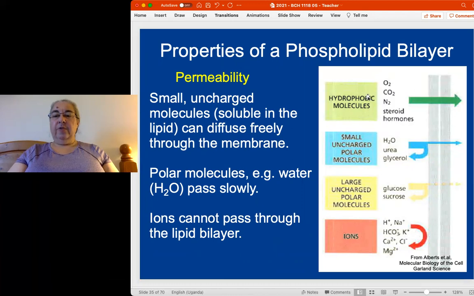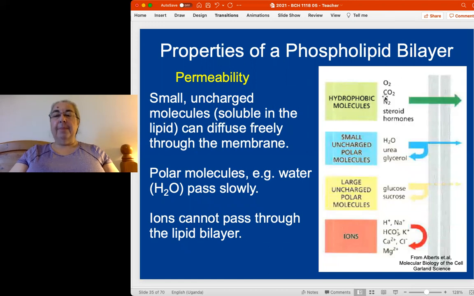So hydrophobic molecules, molecules that are able to dissolve in the hydrophobic inside of the lipid bilayer, can pass through very easily. Okay, so they are things like oxygen, carbon dioxide, nitrogen, and steroid hormones. They are able to dissolve in the lipid and they can just diffuse freely from one side of the membrane to the other.